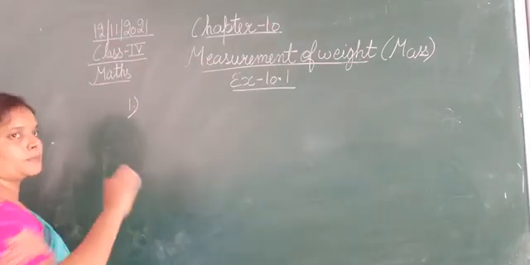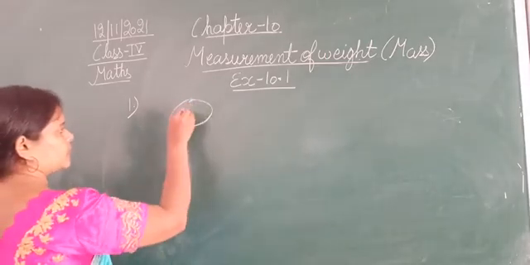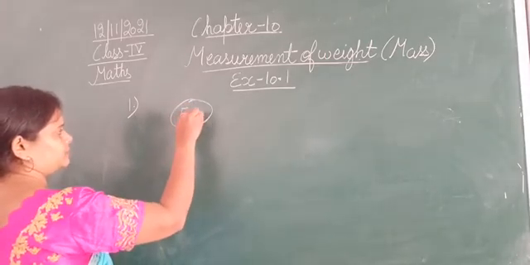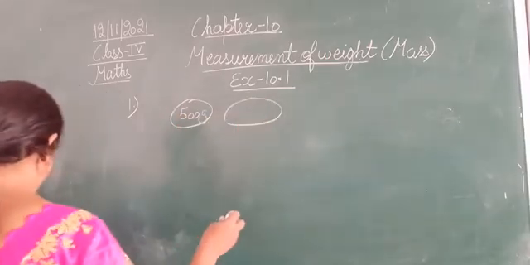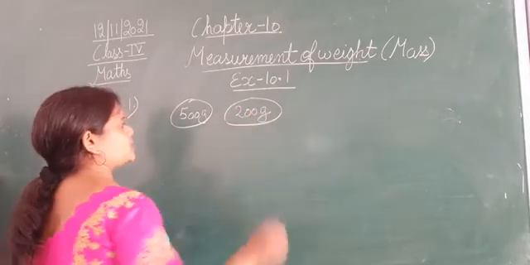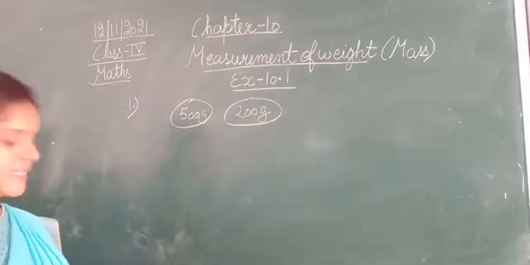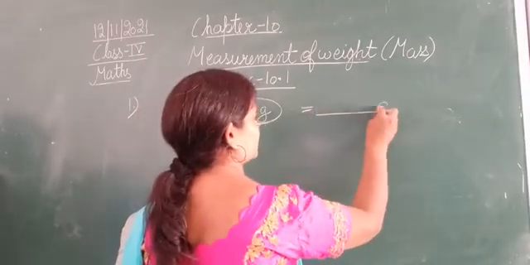So first of all, you can see the question number 1. I'll just make a simple circle. So the first weight is of 500 gram and the second weight is of 200 grams. So what is the total weight?